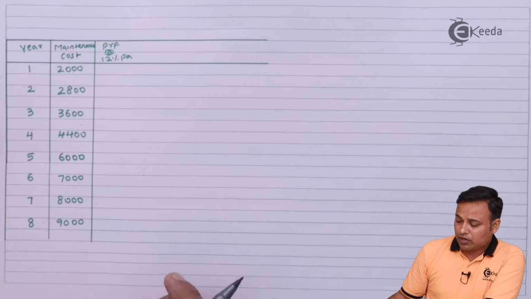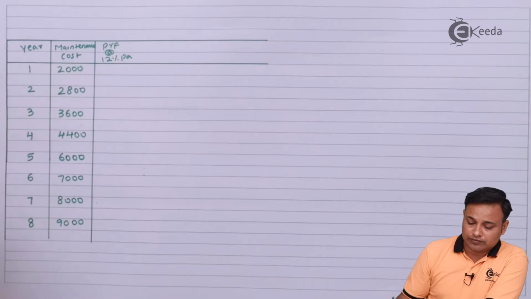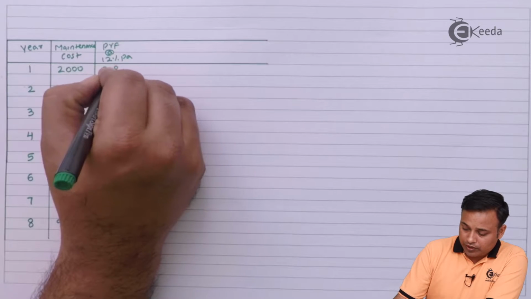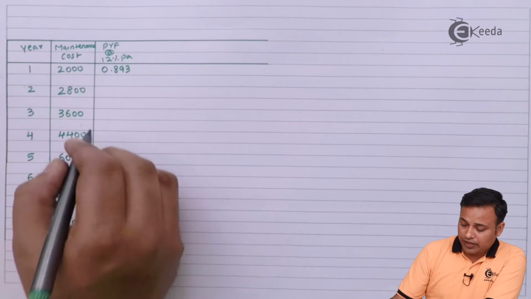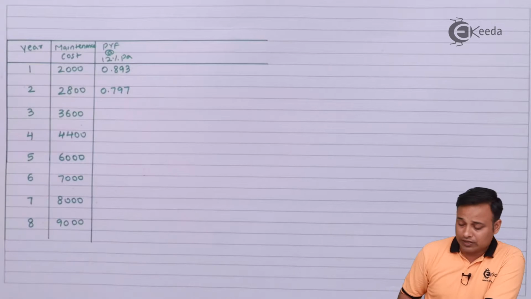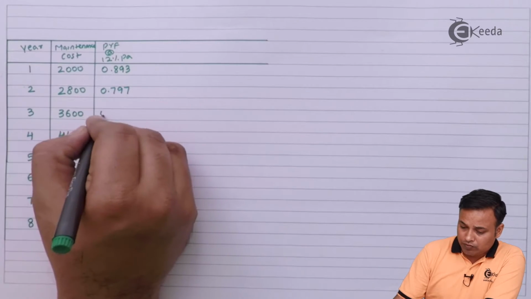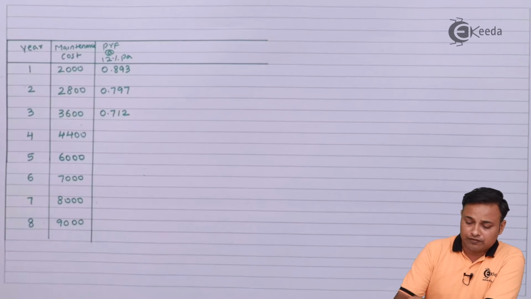So I'll use the formula to calculate the present value factor, and for the first year it will be 0.8928, that is 0.893. For the second it will be 0.7971, that is 0.797. For the third year it will be 0.7117, that is 0.712, rounded off.